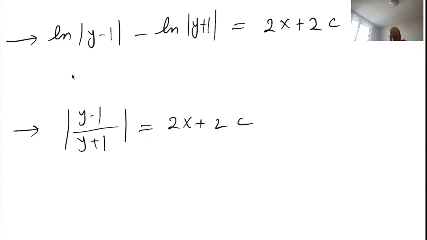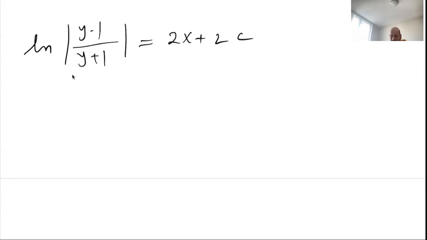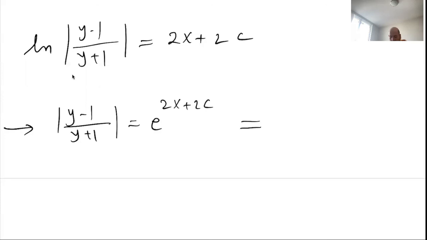ln of this, right? ln a minus ln b is ln a over b. So that means absolute value y minus 1 over y plus 1 equals e to power 2x plus 2c. Again, e to power 2c, I can call it d.